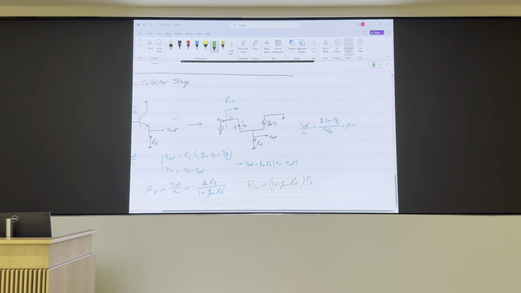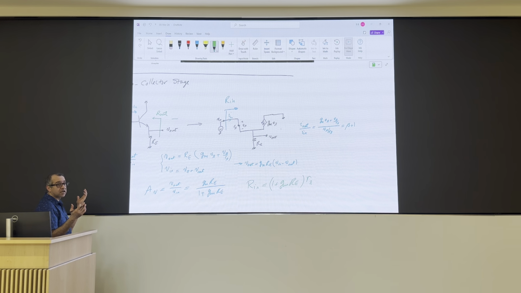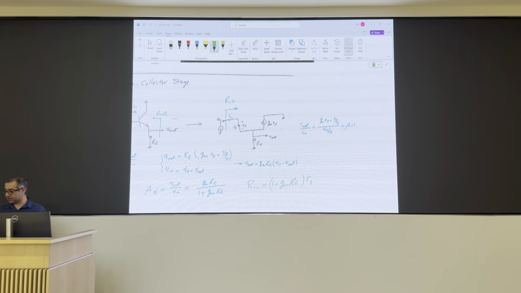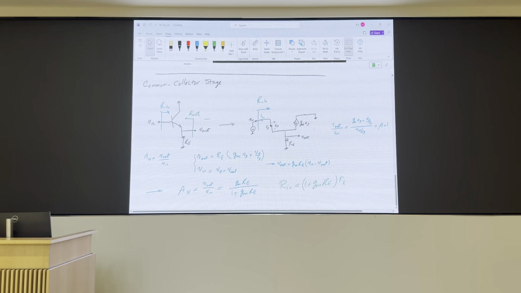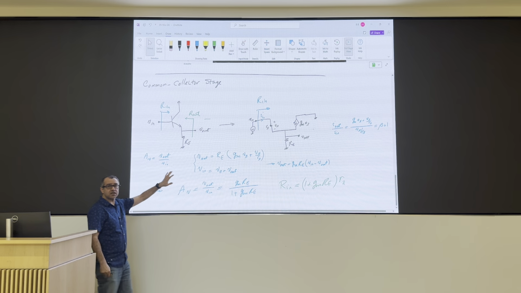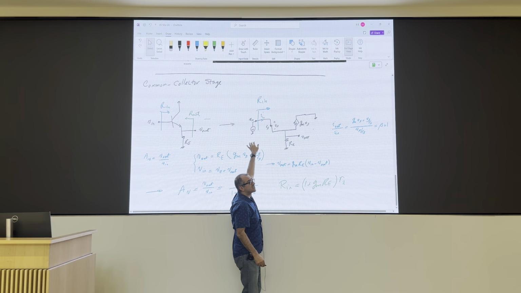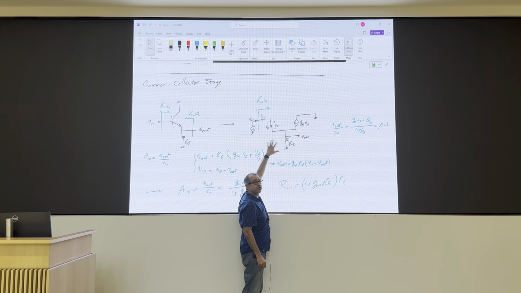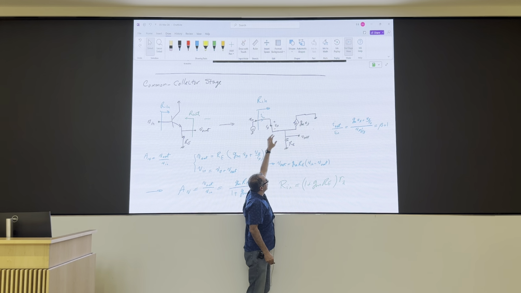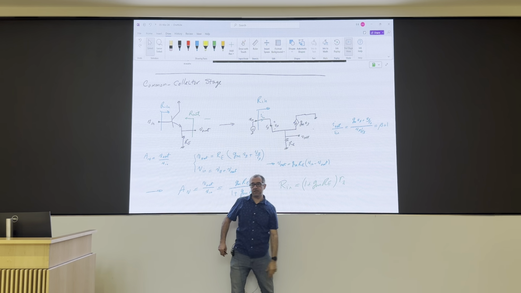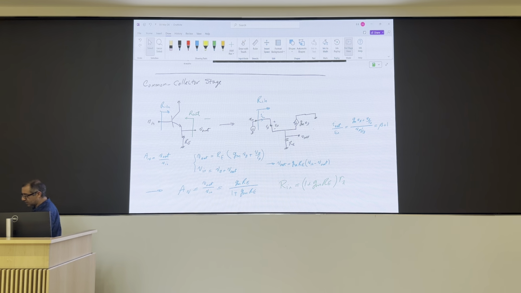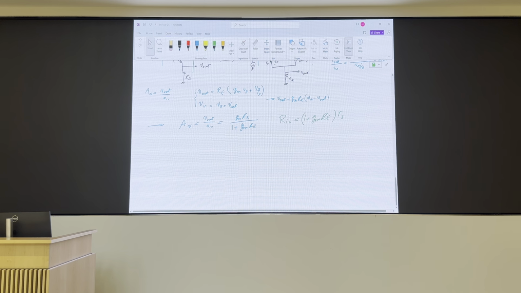So what if I look back into the emitter of this guy and see what I have from the output? In that case, I have to use a new small signal circuit, it's not going to be this. Because I'm removing all the independent sources here, meaning that this guy is grounded, and I'm attaching my test source here. So it's a new circuit, I have to redraw it, and do all the work necessary.